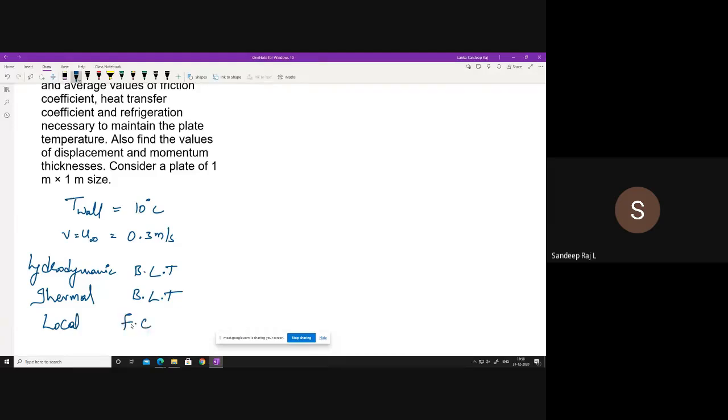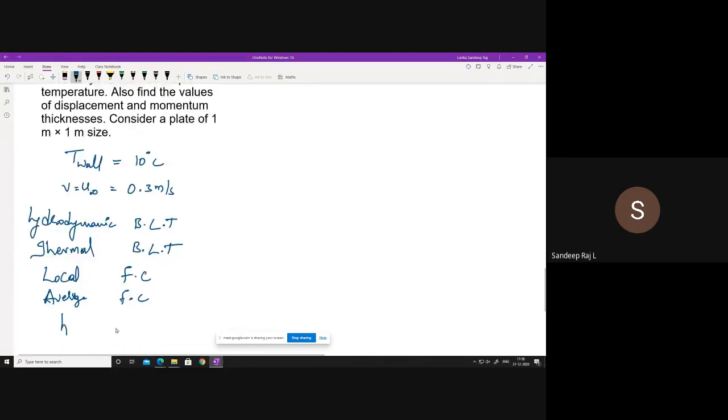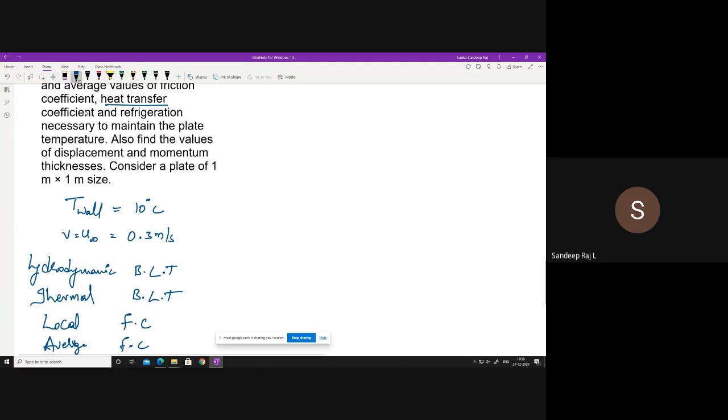Local friction coefficient, and average friction coefficient, heat transfer coefficient, H. What is the H value asking you? What else is asking? Heat transfer coefficient, and the refrigeration necessary to maintain the plate at the given temperature.